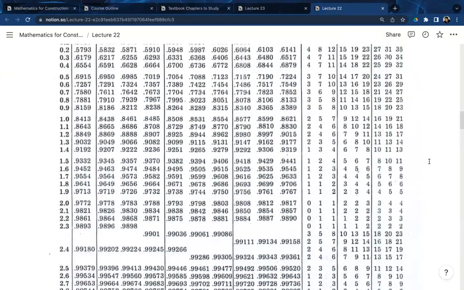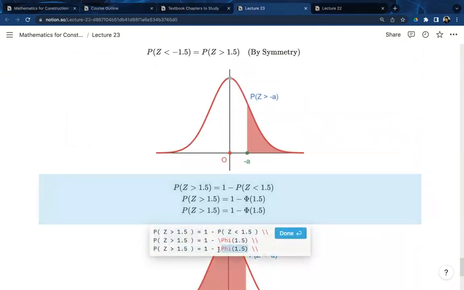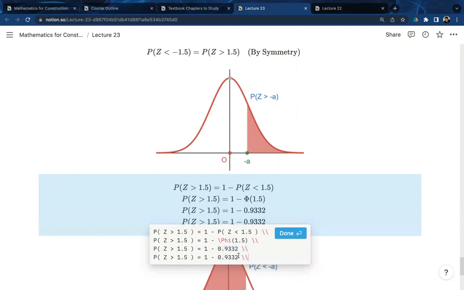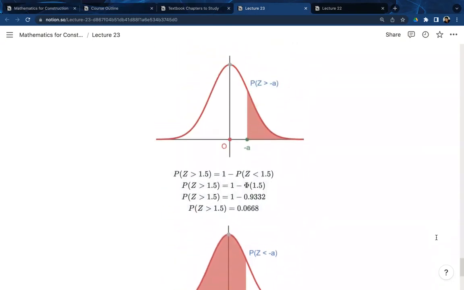That's 1.50, and that's 0.9332. That's really what that probability is there.